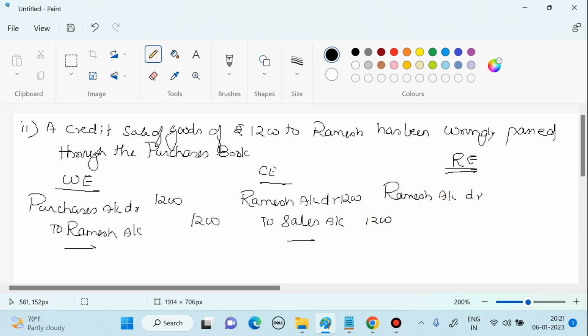But the problem is you can't debit with just 1,200. 1,200 to create that debit and one more 1,200 to nullify this credit effect. So you would debit it with 2,400. And then credit should have gone to sales which had not gone. So we will credit sales account. And debit had wrongly gone to purchase account. We'll nullify that debit to purchase by crediting the purchase account with 1,200. Clear?